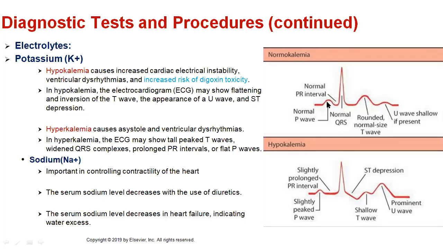You can see the positive upright P wave, QRS complex positive upright, and T wave positive upright, and also the U wave is shallow. It is the normal EKG. It is an electrical event because of contraction and relaxation of the cardiac muscle.